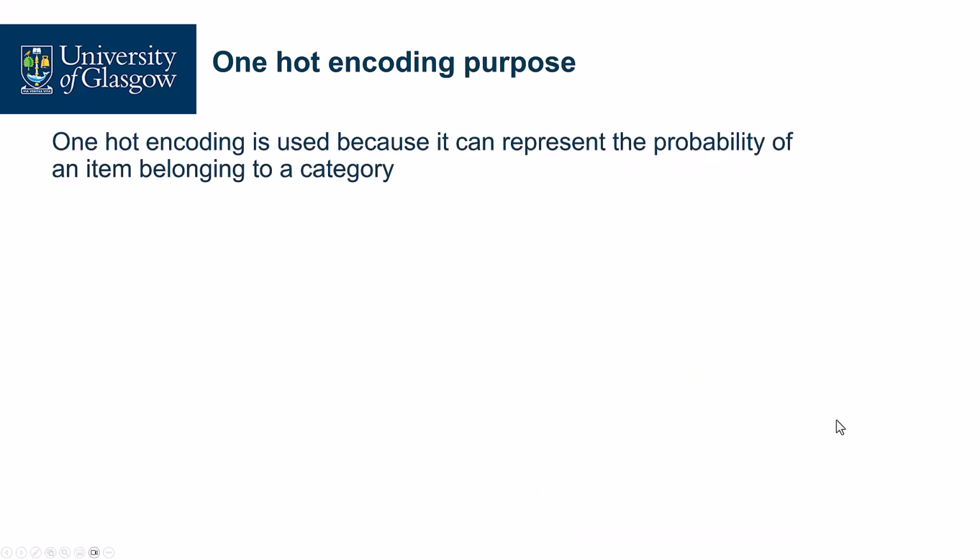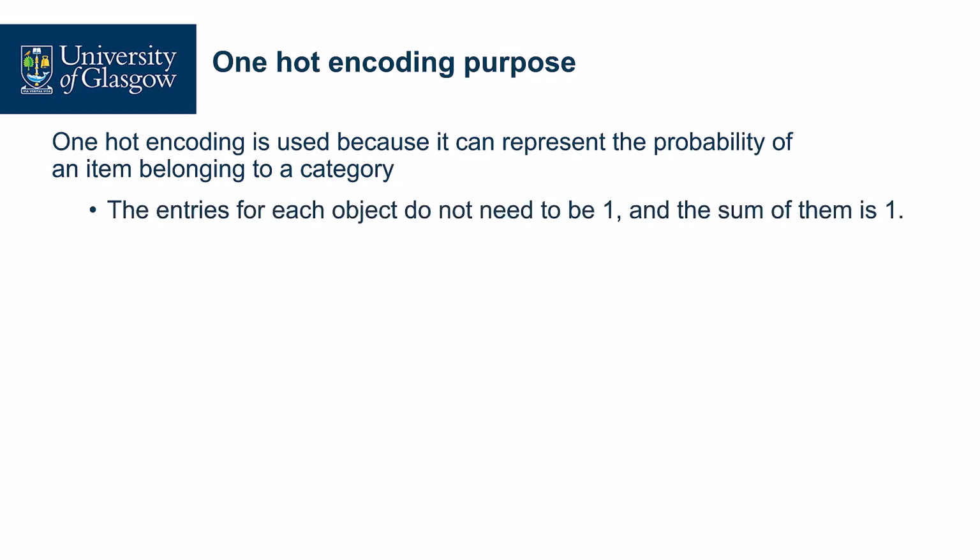So why do we need one-hot encoding? You may ask this question. Because it can represent the probability of an item belonging to a category. So for probability, it's not necessarily that each entry is 1, but the sum of all the probabilities must be 100%, right?